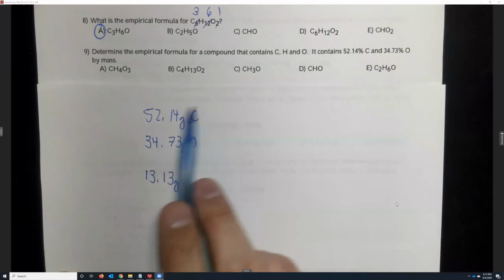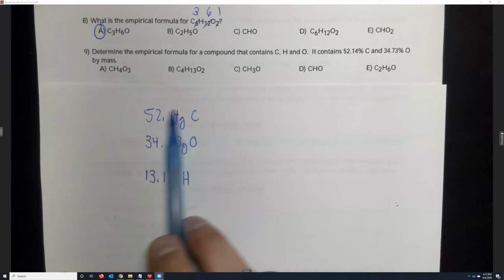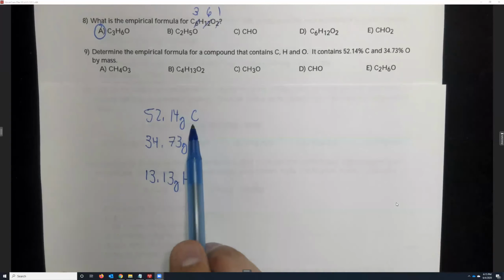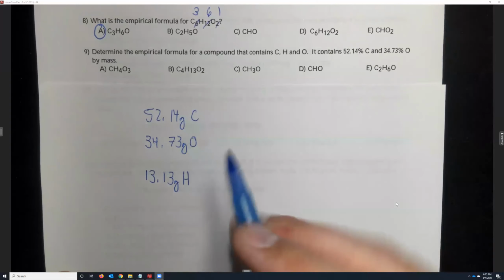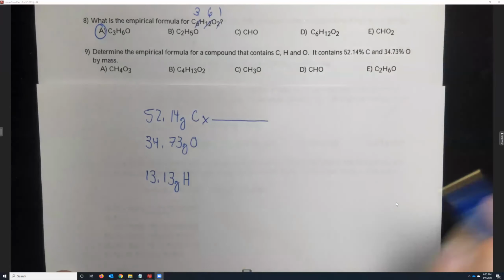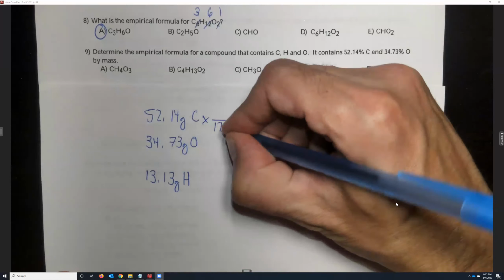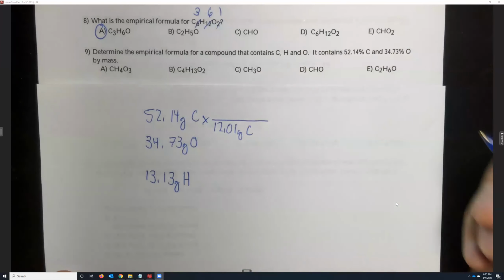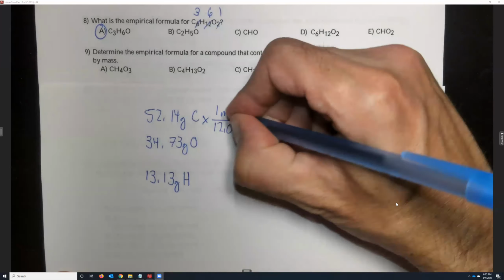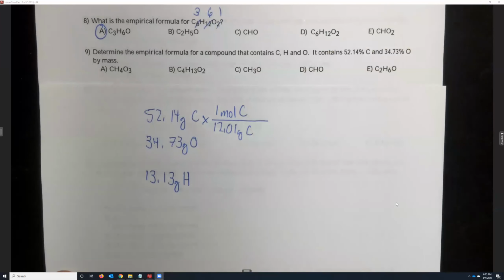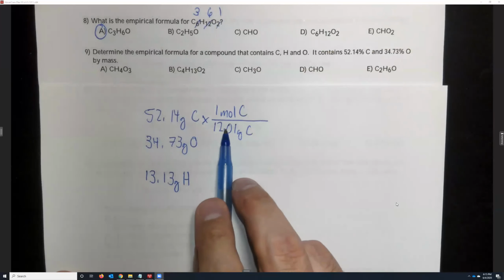But remember, an empirical formula is the simplest ratio of moles. We have grams. So we need to convert each of these things to moles using the molar mass. So in the case of carbon, we're going to take 12.01 grams of carbon on the bottom and 1 mole of carbon on the top. This came from the periodic table.